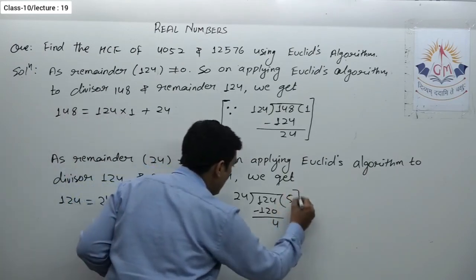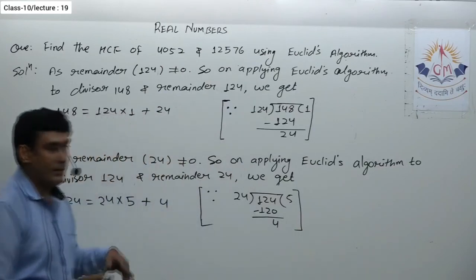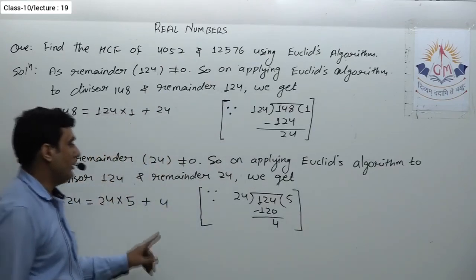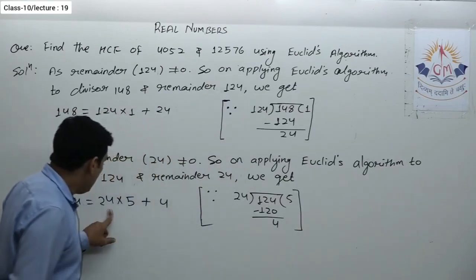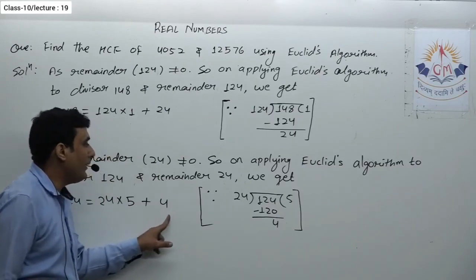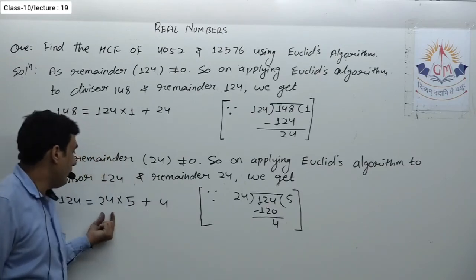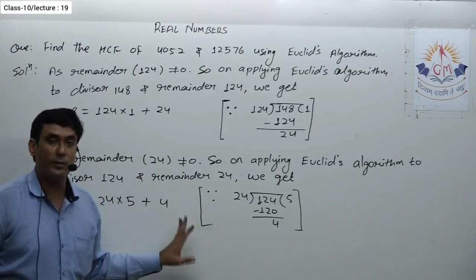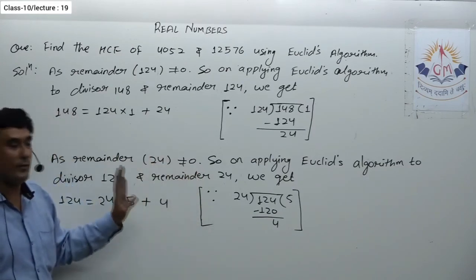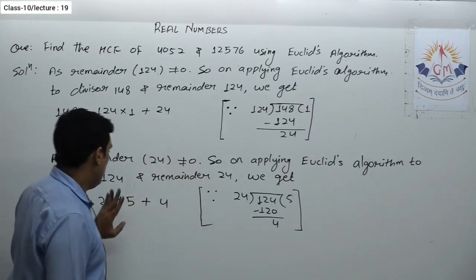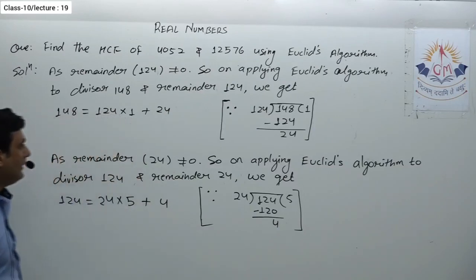That means you have to apply this algorithm once again on divisor 24 and remainder 4. Now definitely you can see 24 is equal to 4 into 6 plus 0. That means in the next step remainder will be 0. So note down up to this and then I will give you the remaining steps of this solution.